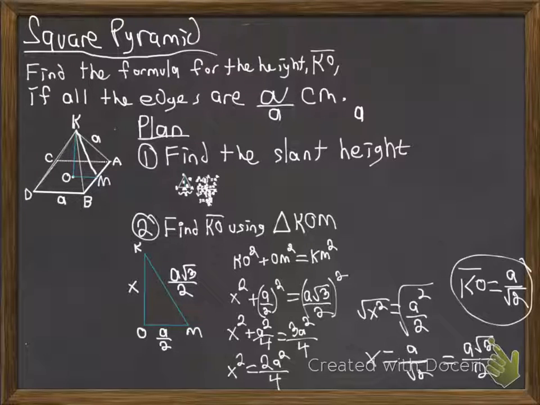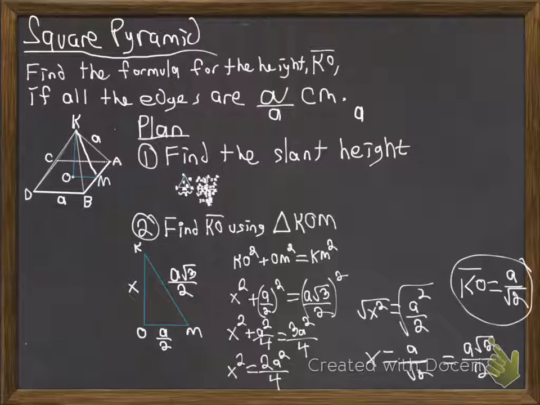That's the power of algebra. And yeah, it was a lot of work, but all we did was use the Pythagorean theorem twice, and we found the slant height, and then found the actual height KO.